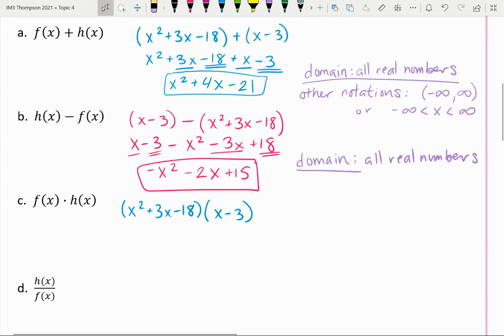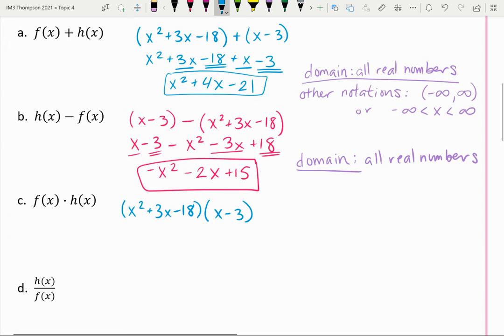If you appreciate using the box here to kind of sort your terms, you absolutely can. This is a great tool, especially when you start getting a lot of terms. Sometimes it can be confusing to make sure you don't miss any of them.